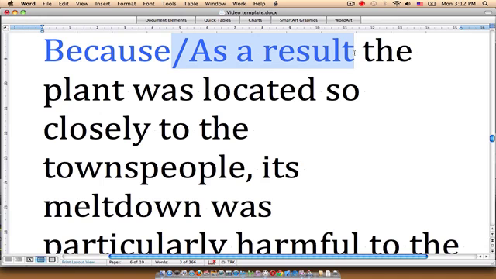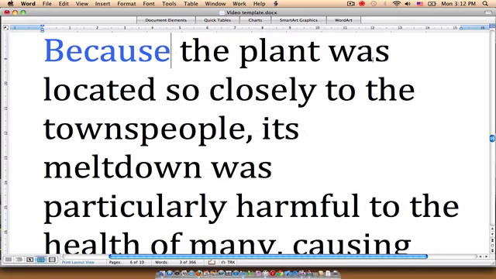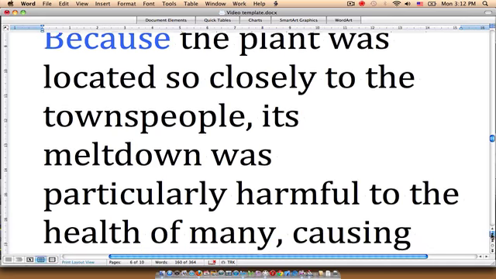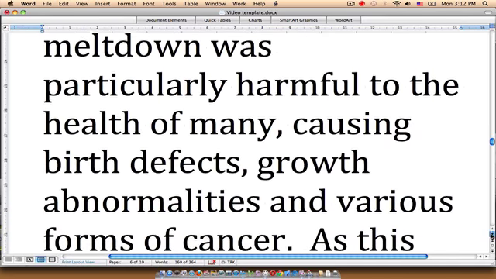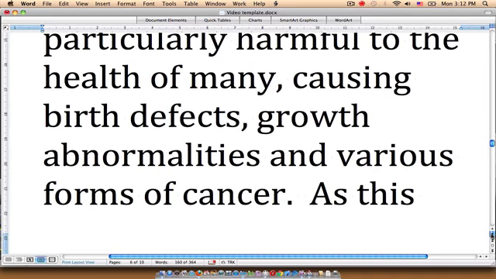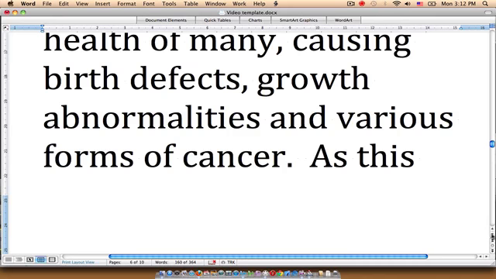So at this point in the supporting paragraph, we're trying to explain the significance of this example in relation to our thesis. So we would use the word because. Because the plant was located so closely to the townspeople, its meltdown was particularly harmful to the health of many, causing birth defects, growth abnormalities, and various forms of cancer.